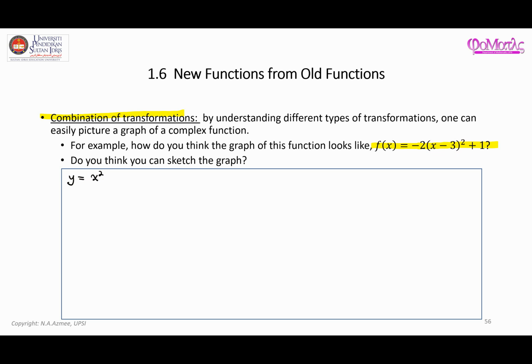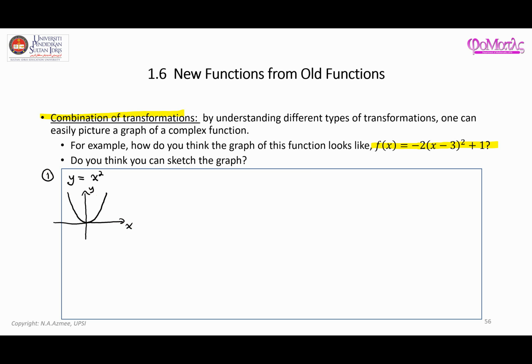For this one, the graph is going to look like this. This is x, this is y, so this is y equals x squared. So this is the first step.